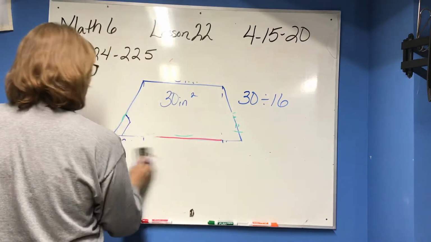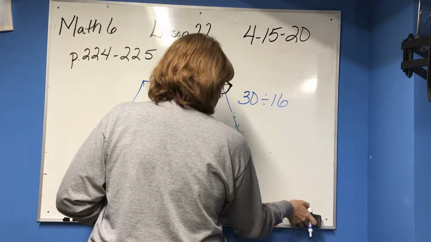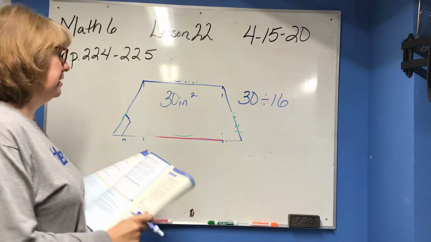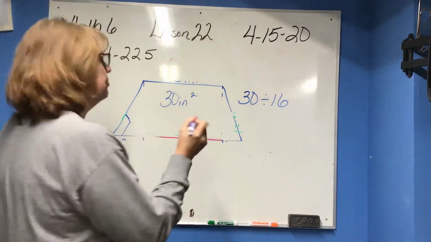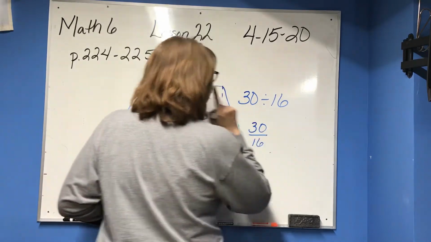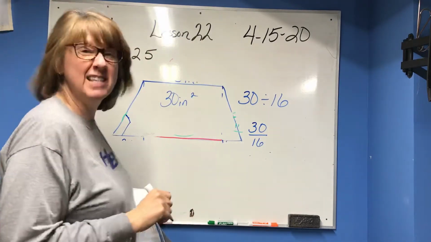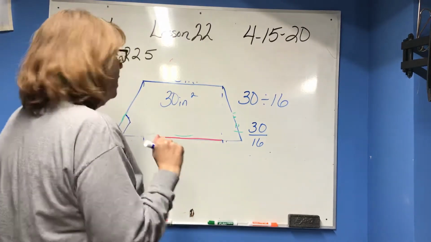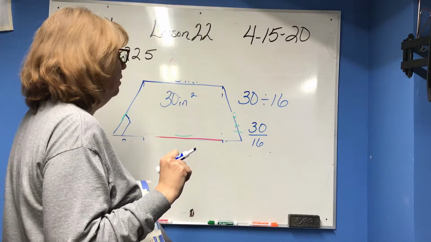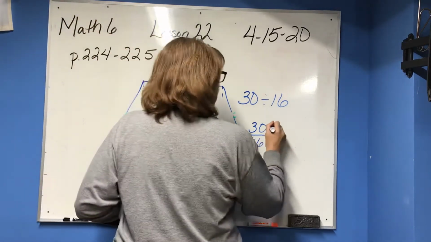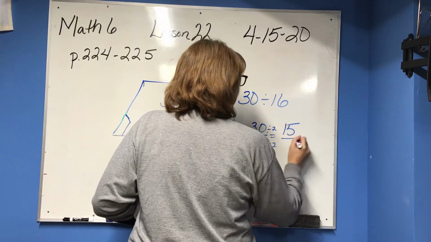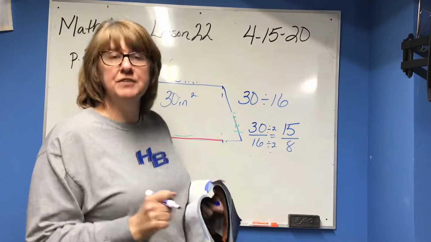We're going to take our 30 square inches and divide it by 16. I think it's easier to write it like a fraction. 30 over 16. Let's simplify it first and make it a little easier. What could we divide by? Let's just divide by 2, that's easier. So that's 15 over 8. What's 15 divided by 8?